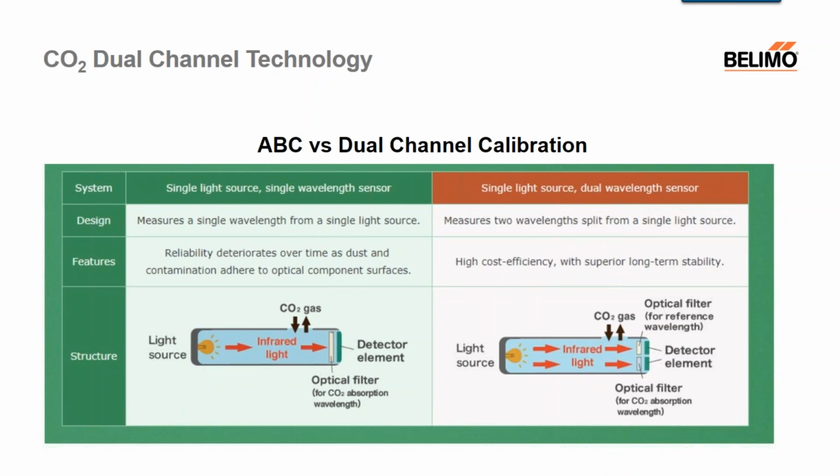The second detector measures the intensity of the transmitted infrared light of the wavelength region that is not absorbed by the CO2. We call this the reference wavelength, and this is unaffected by CO2 concentrations, thus enabling effective correction of CO2 measurements.